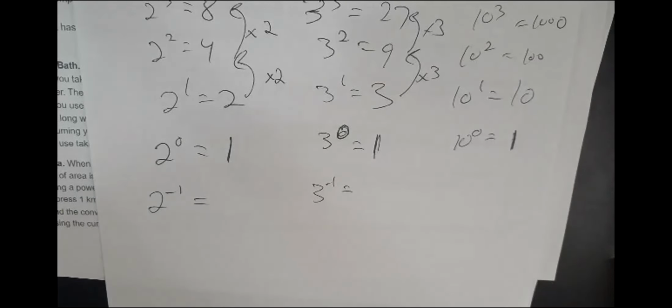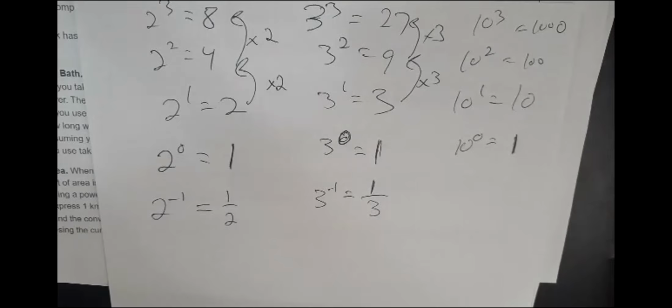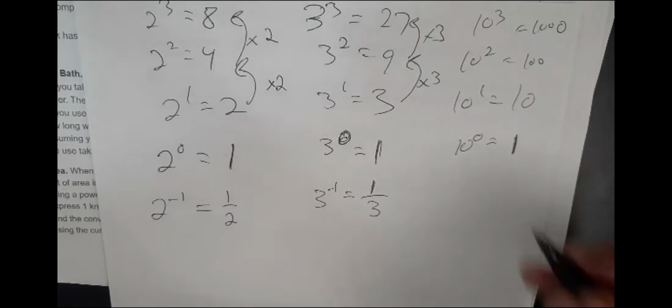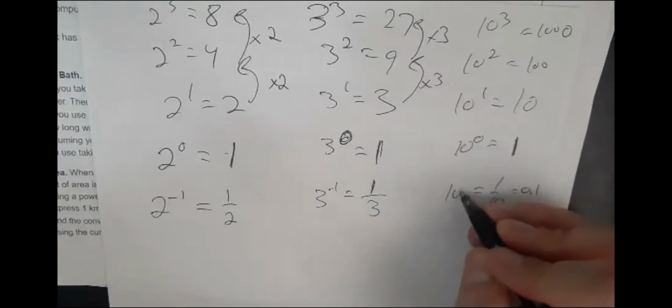If we talk about negative powers, we're going to take 1 and divide it by 2. We're going to end up with 1 over 2. Same thing with 3, we're going to end up with 1 over 3. So negative exponents.